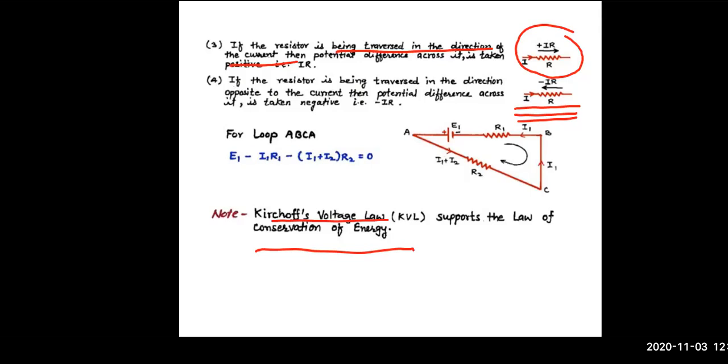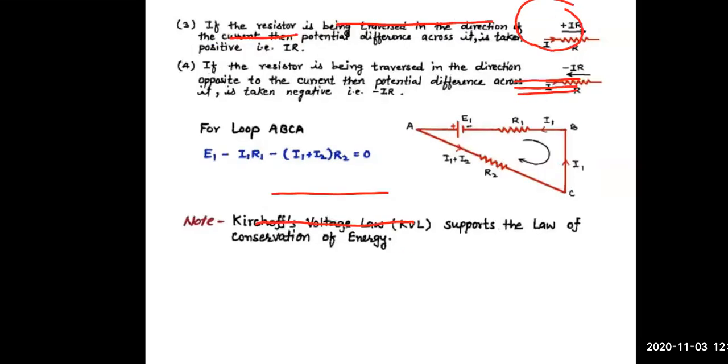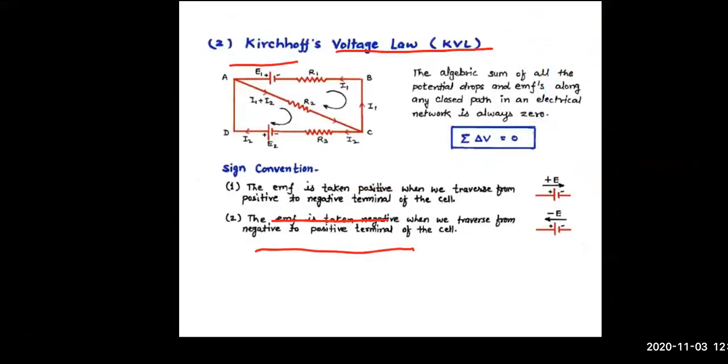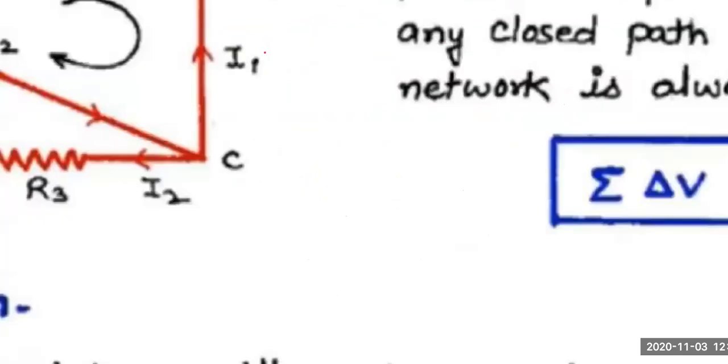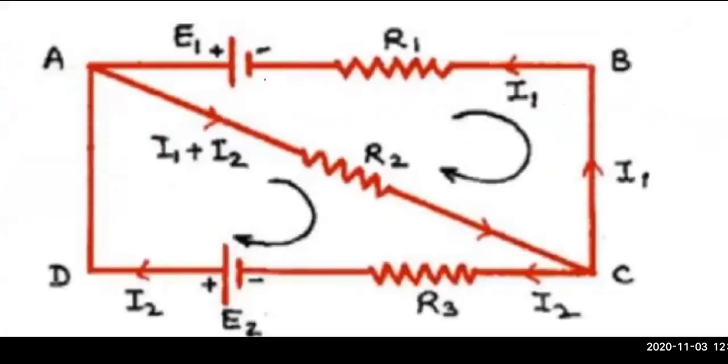Now let's apply Kirchhoff's second law for loop number 2. See, from here the current that is coming is I1, and from here the current that is coming is I2.